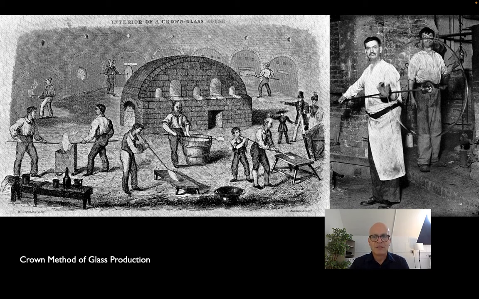One of them is called crown glass, and what this involves is taking a blob of molten glass, putting it on the end of a punty, but instead of inflating it, just spinning the punty, as you see the gentleman doing on the right, and letting the centrifugal force of the molten glass spread itself out into a thin disc, or a reasonably thin disc, maybe half an inch or so, that then can be gradually cooled and sliced up to create a type of window glass.